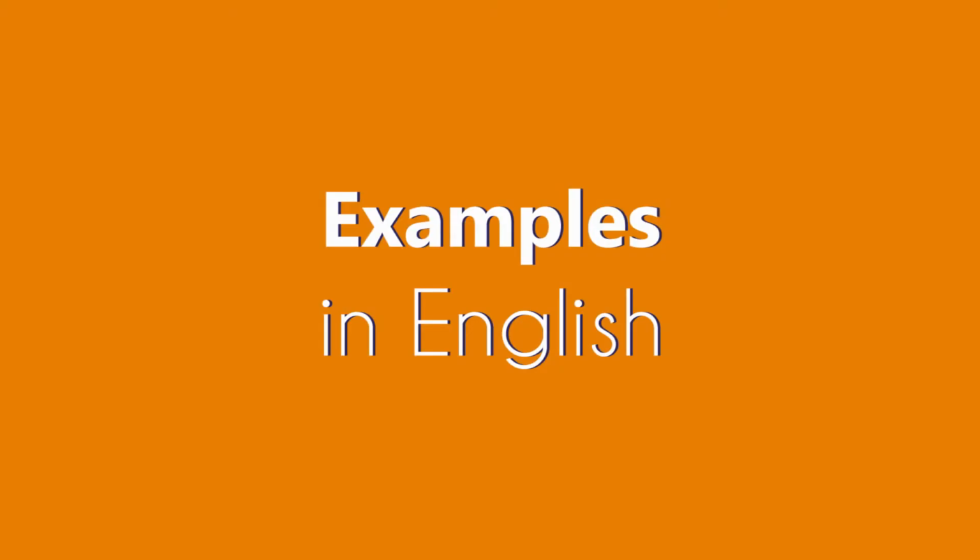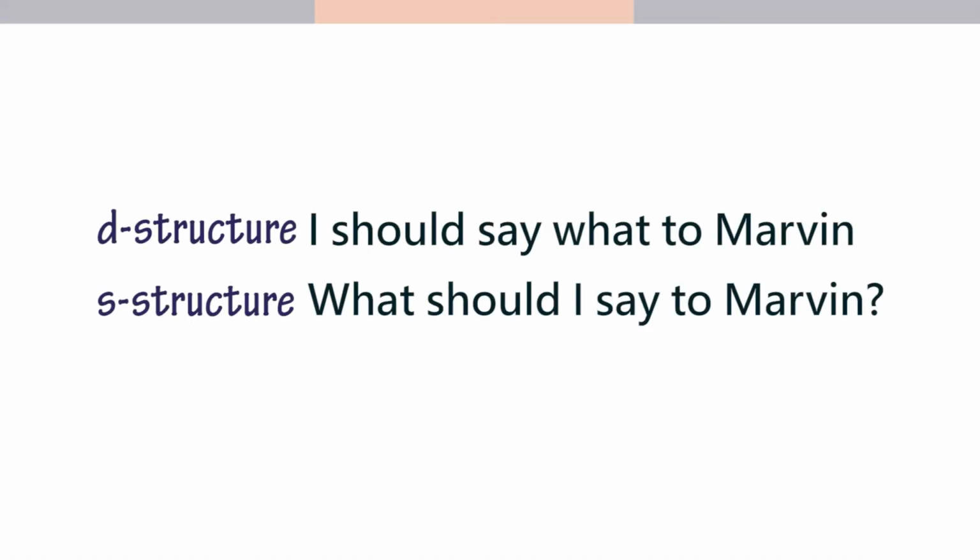Now we have a sentence which is, what should I say to Marvin? So this of course has 2 levels. There's a deep structure. So I'm going to draw the tree for this deep structure, and then apply the transformational rules to derive the surface structure, because that's what transformational rules are for.